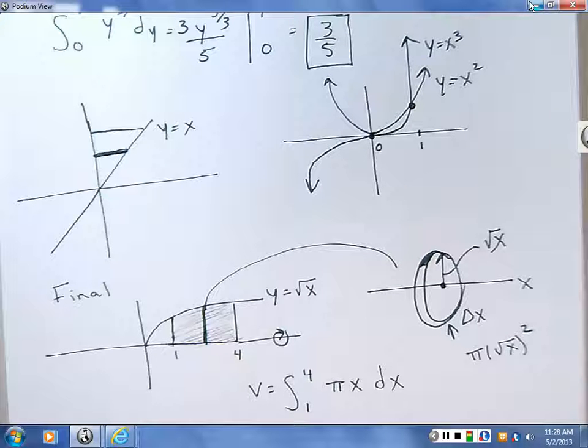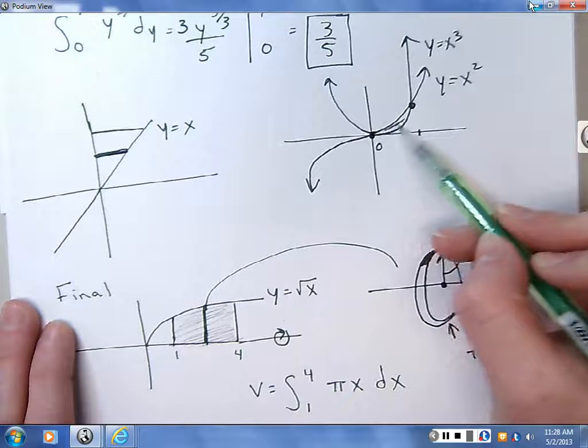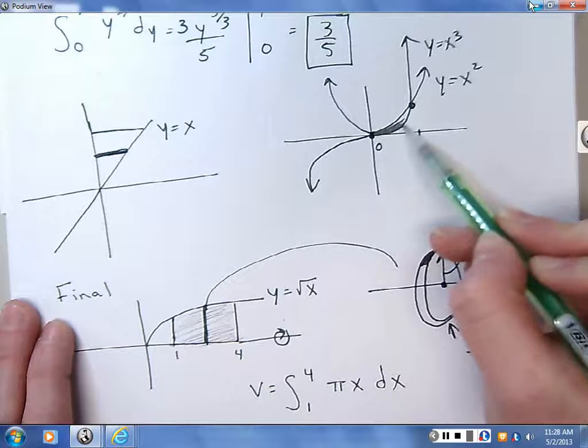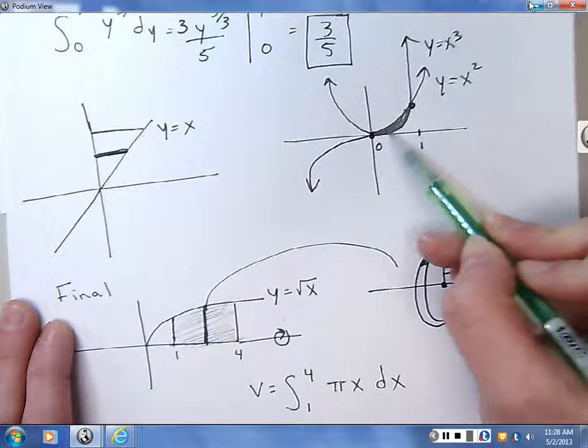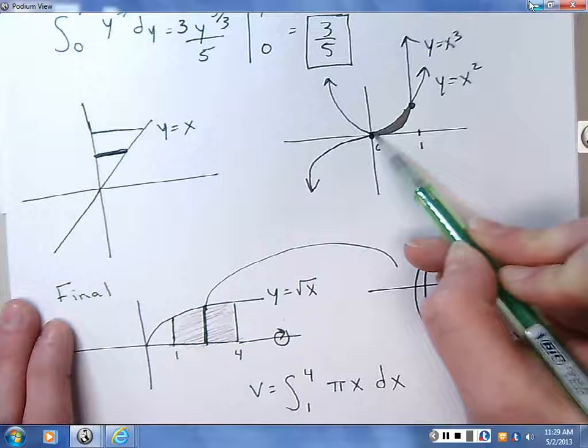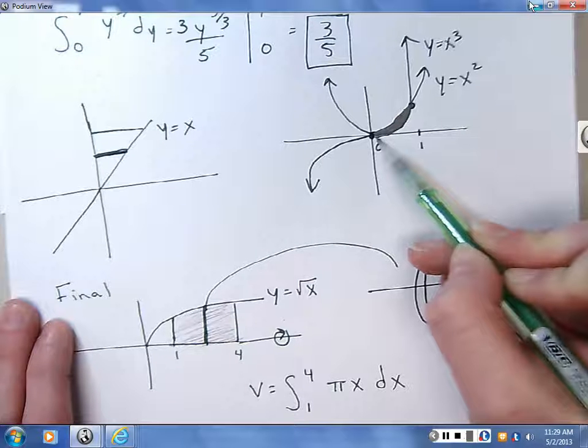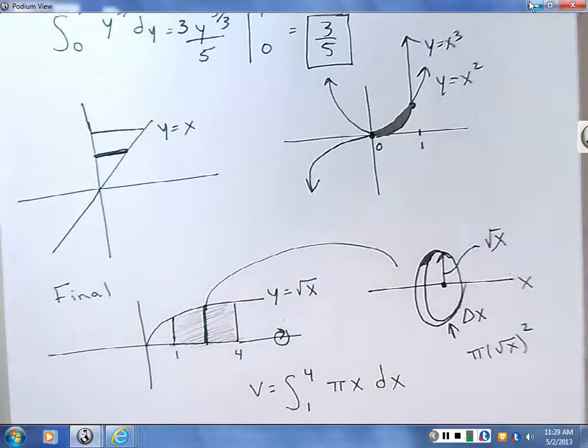You can tell that by looking at the graph, because going from left to right, the cubed function approaches the intersection from the bottom. Assuming you know how to graph it in the first place is the trick, because I've seen students who know what x squared and x cubed look like, but when they put them on top of each other, they don't know where they go or where they intersect.